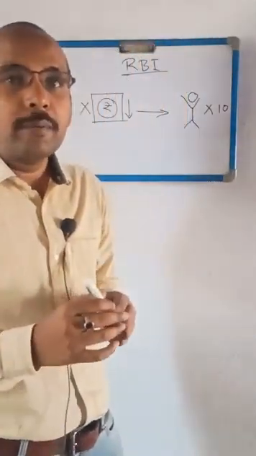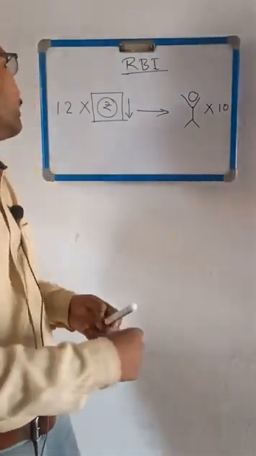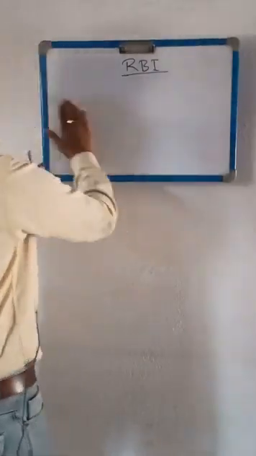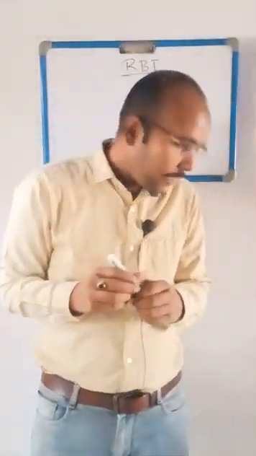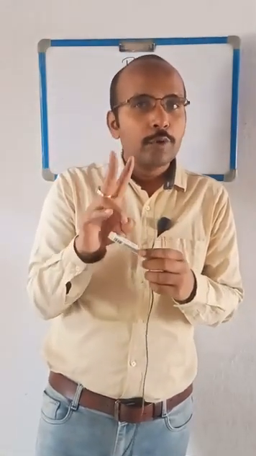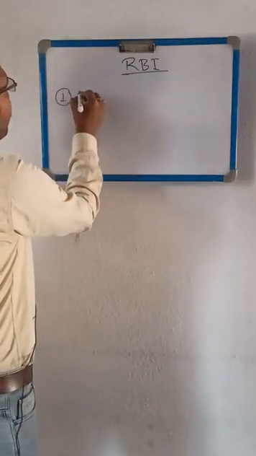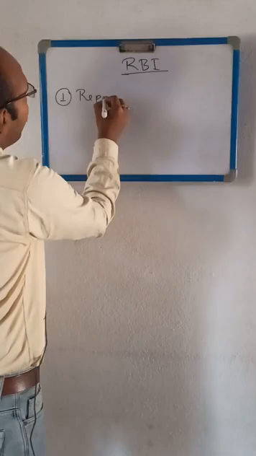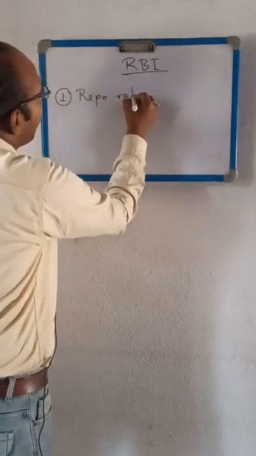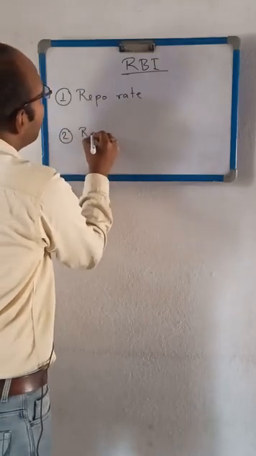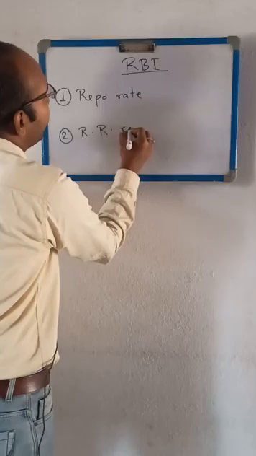Now, how does RBI regulate banks? RBI regulates banks with two things: number one is the repo rate, and second is the reverse repo rate.